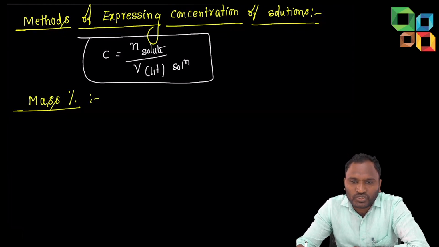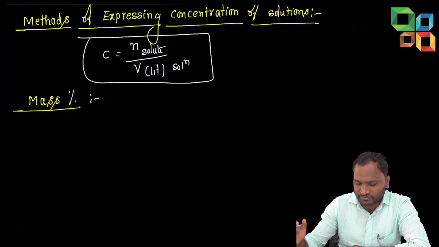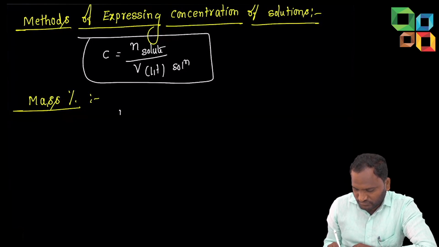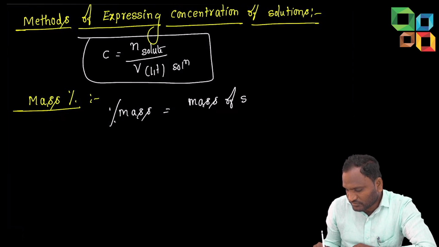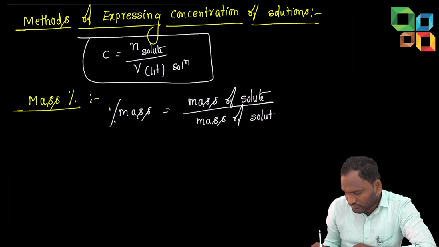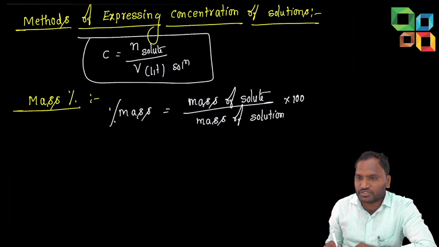Percentage of mass is equal to mass of solute to the total mass of solution into 100.